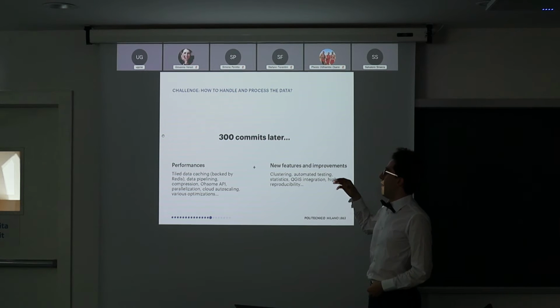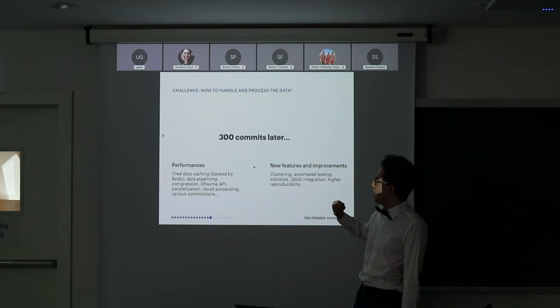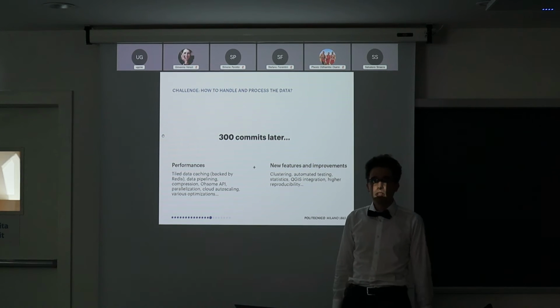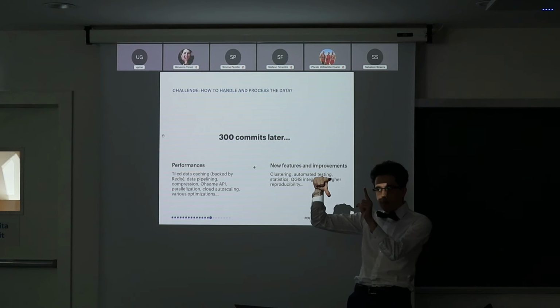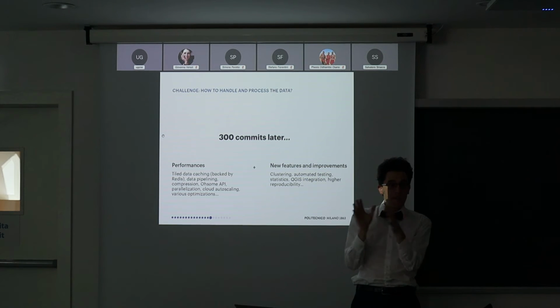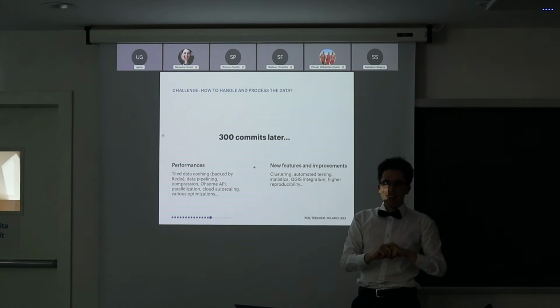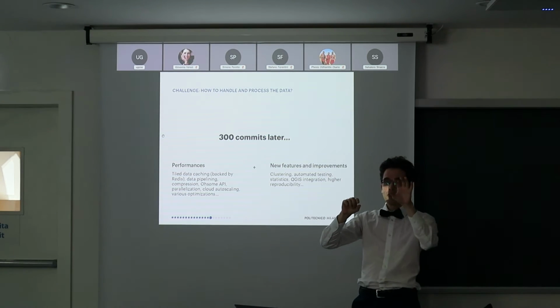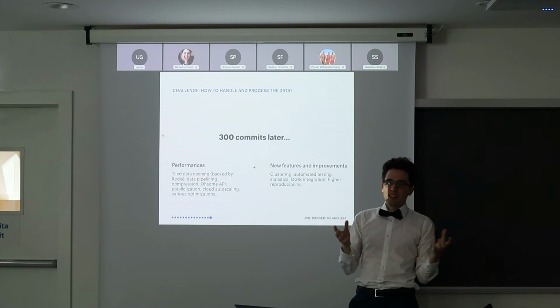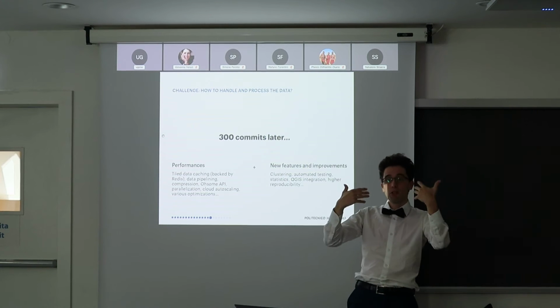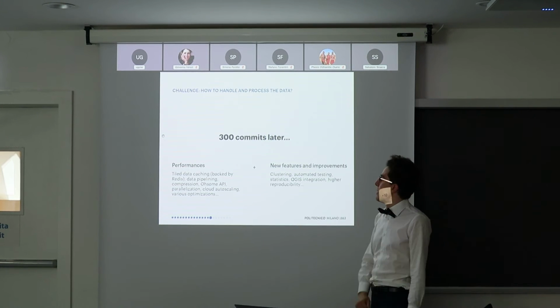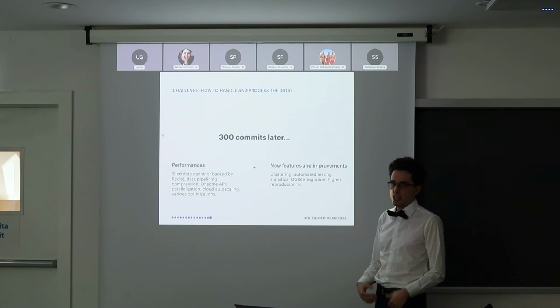So we have pretty nice file data caching. That means that we are not fetching a specific bounding box and then storing it, because every user has a different request, but we try to split the map into a grid. And then if the user requests a bounding box, we take all the tiles that include this bounding box, so we are fetching more data, but it's easier to reuse.